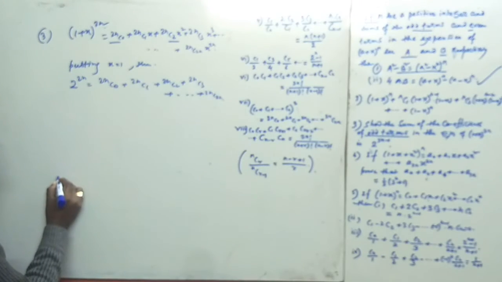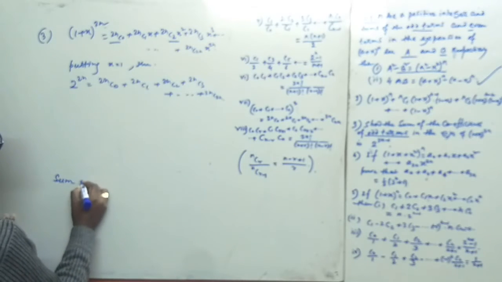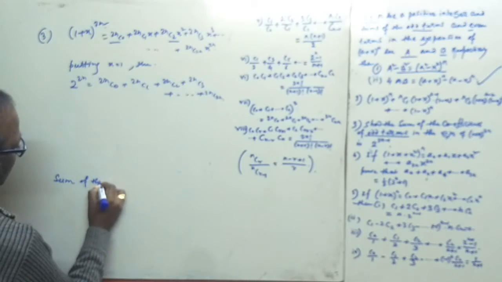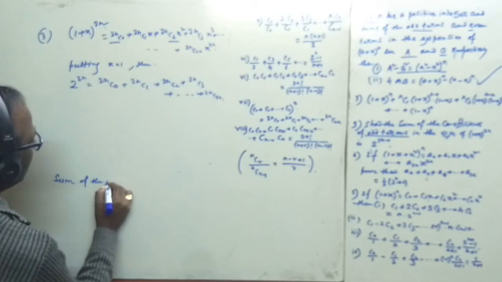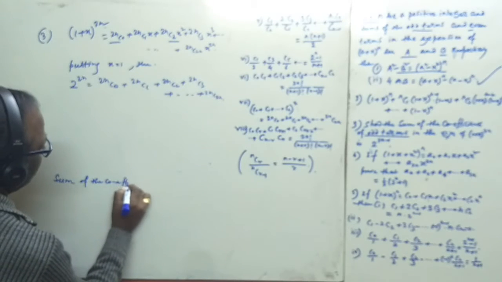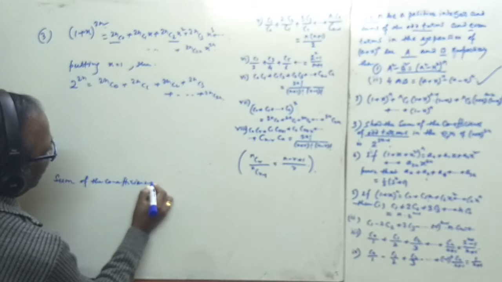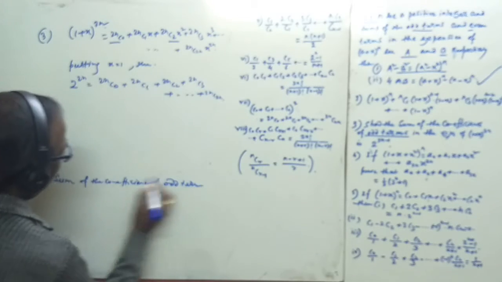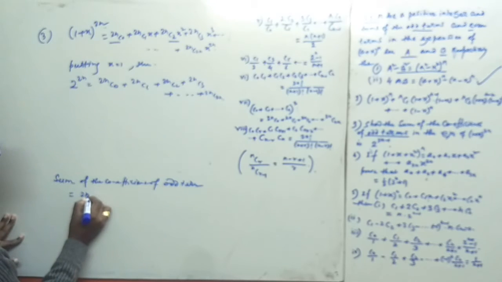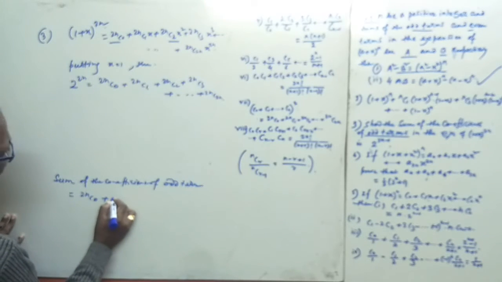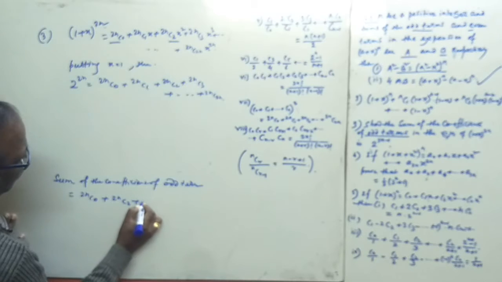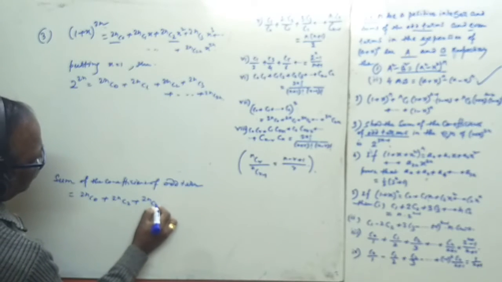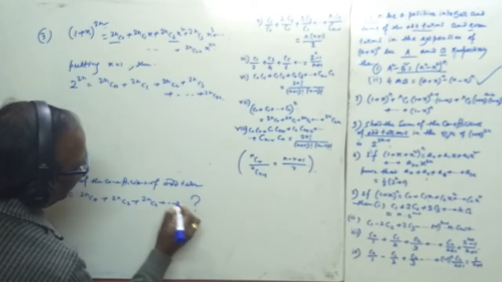So let us assume the sum of the coefficients of the odd terms is equal to 2nC0, 2nC2, 2nC4 and so on.